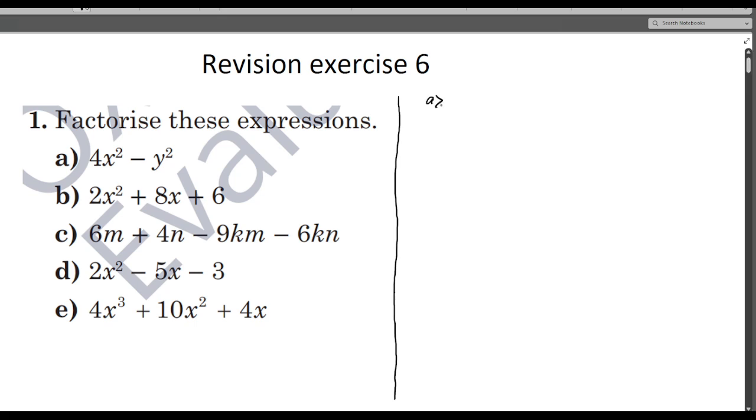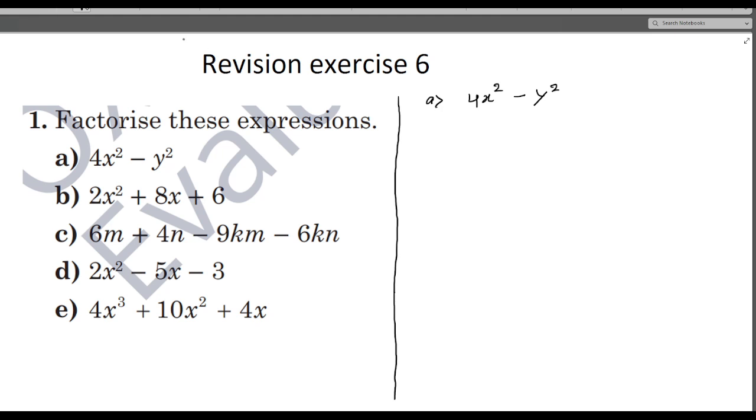The first problem is 4x square minus y square. Now here, if you recall, problems are of different types.